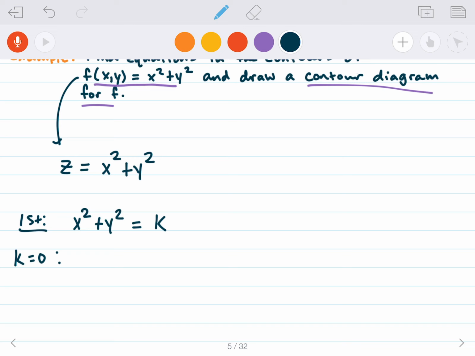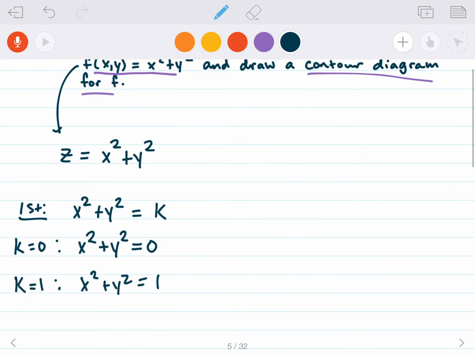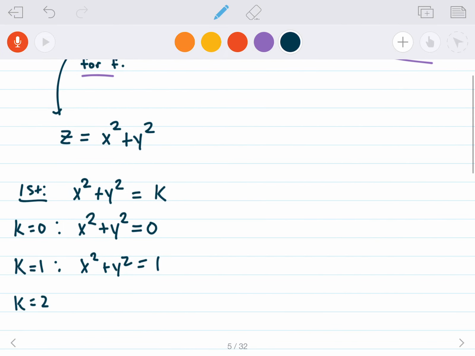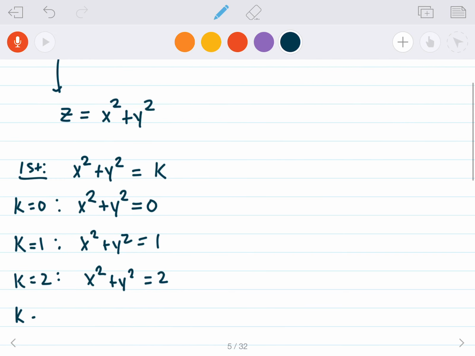When k equals 0, this becomes x squared plus y squared equals 0. When k equals 1, x squared plus y squared equals 1. When k equals 2, x squared plus y squared equals 2. When k equals 3, x squared plus y squared equals 3.